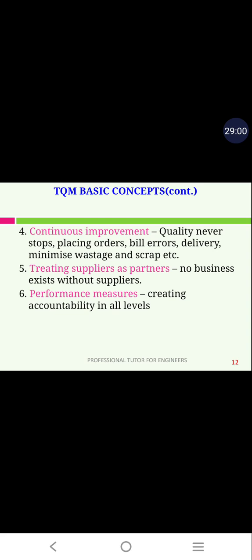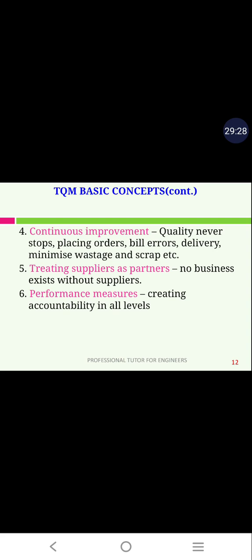If there is some defect in that particular component manufactured by the operator, he will be responsible. So each and every operator, for whatever component they are manufacturing, should be responsible. They will be accountable, and in case of any defect, they will be responsible for that.